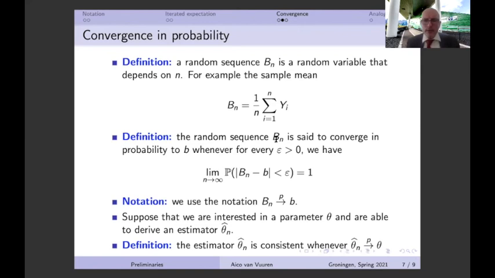Therefore, we have to use a trick here, and the trick is always the same in probability theory: instead of looking at the difference itself, we look at the probability of the difference.